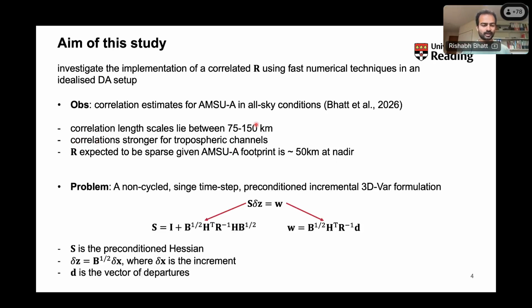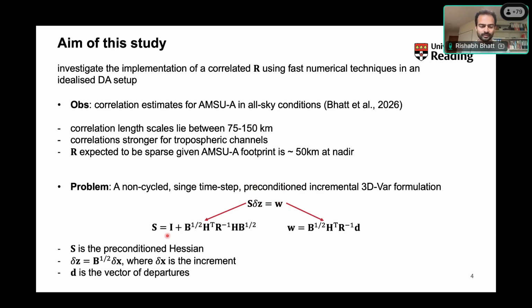So the problem we consider here is a non-cycled, single-step, preconditioned incremental 3D-Var. I haven't written the full cost function, but this amounts to solving a linear system of the form S delta z equals the right-hand side w, where delta z is just an increment, and S is called the preconditioned Hessian.